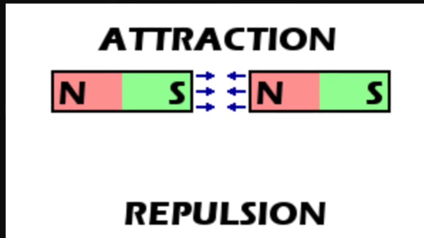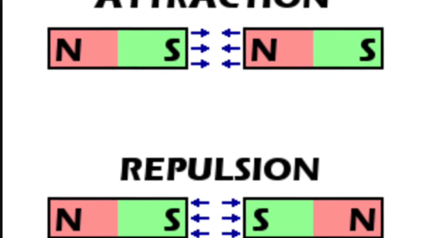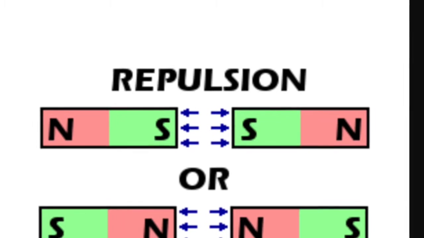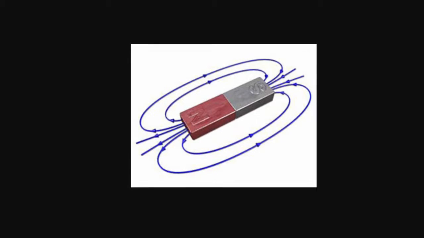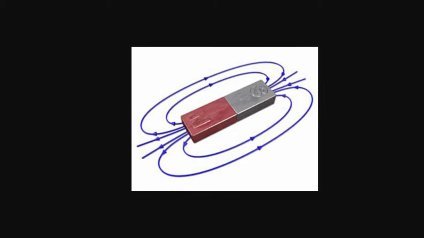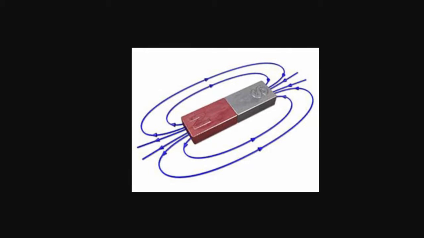Attraction means that the poles are pulling towards each other, while repelling is when the poles are pushing away from each other. A permanent magnet is used to show the attraction and repulsion easily because of its opposite poles on each end of the magnet.